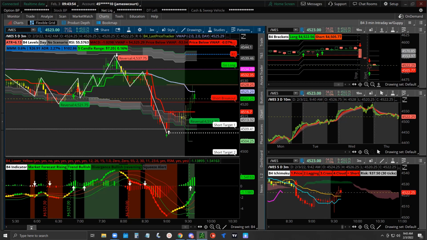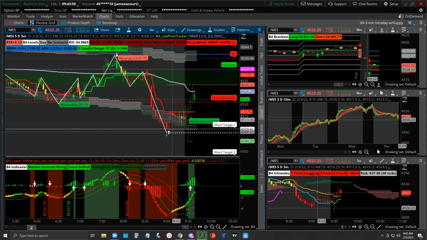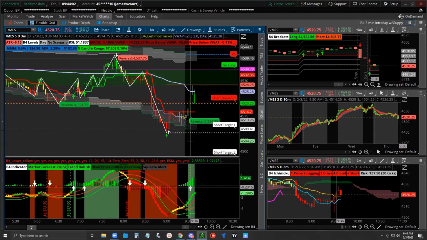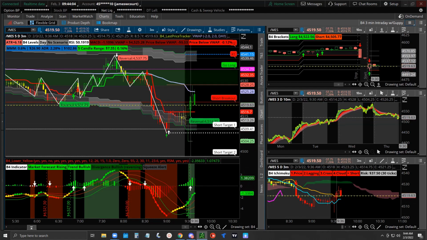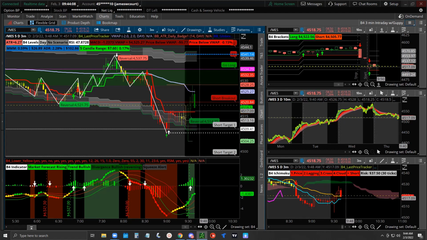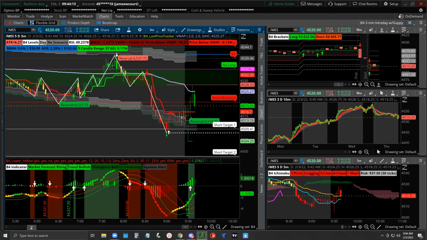I'm gonna wait for an always in long setup, meaning I need to see another bull bar. And it's also the news hour, so 9:45, 10 o'clock.